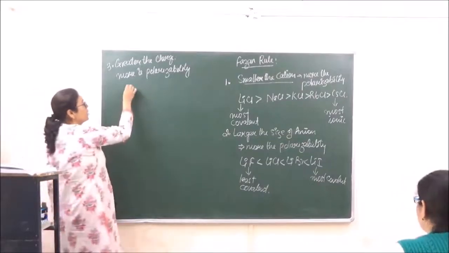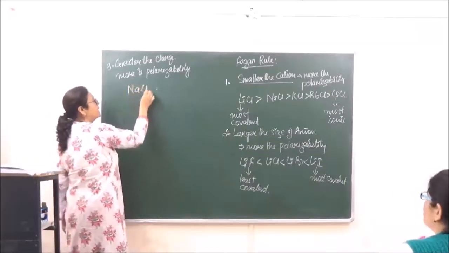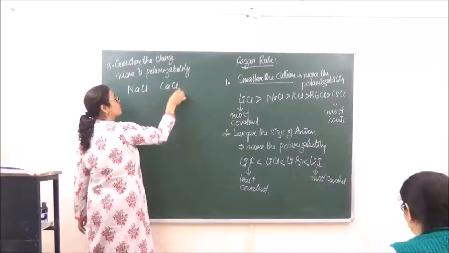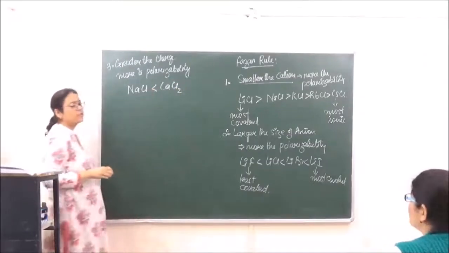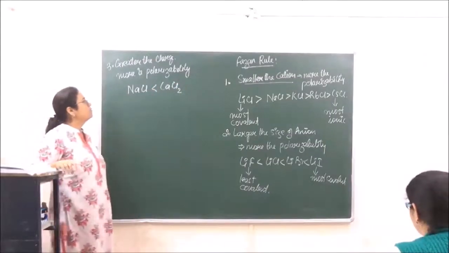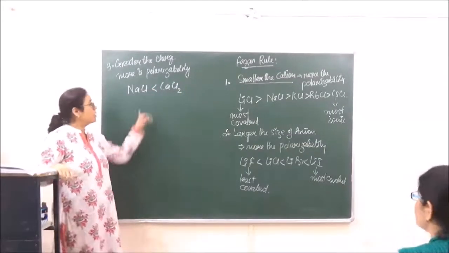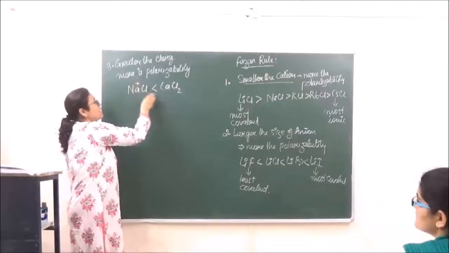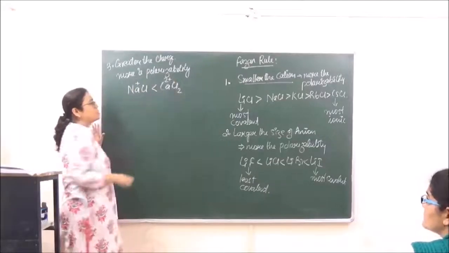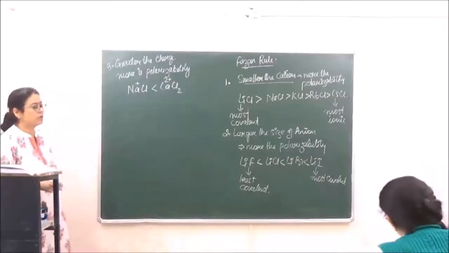So if we're talking of NaCl and we're talking of calcium chloride, then calcium chloride is going to be more covalent with respect to NaCl, because the charge of Na is 1 positive and the charge of calcium is 2 positive.